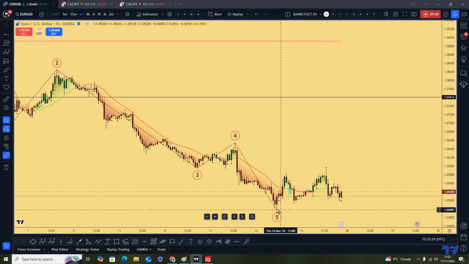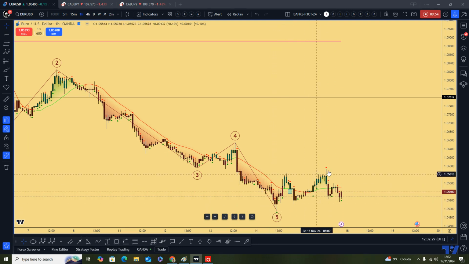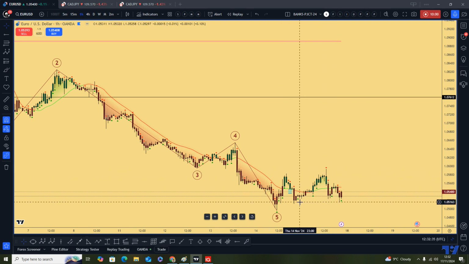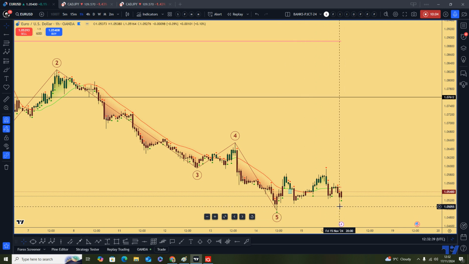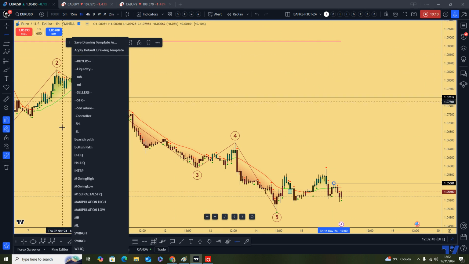Okay, so looking at this 5 low here, we've seen a higher high, which is good. That is good enough. That's the structure. And if this higher high fails to make a lower low below here, then this will be a valid buy. So I will say the buy point for the euro will be, I have a buy level here.